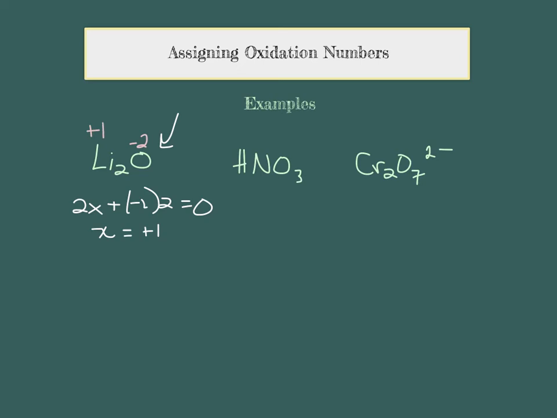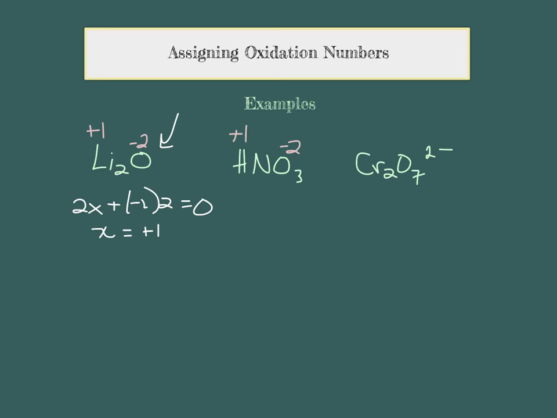In the nitric acid, we can see that oxygen is -2 and that hydrogen is +1 because it's not next to any metals. And then we can do some math to figure out the nitrogen.